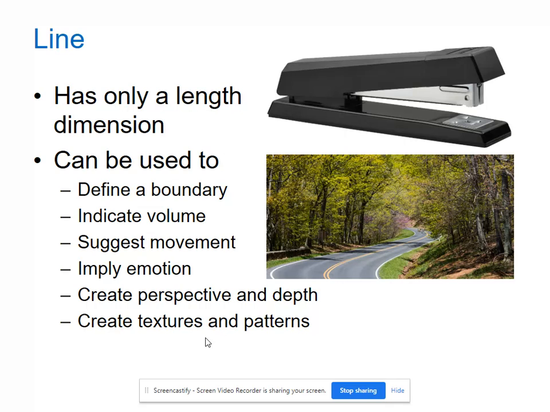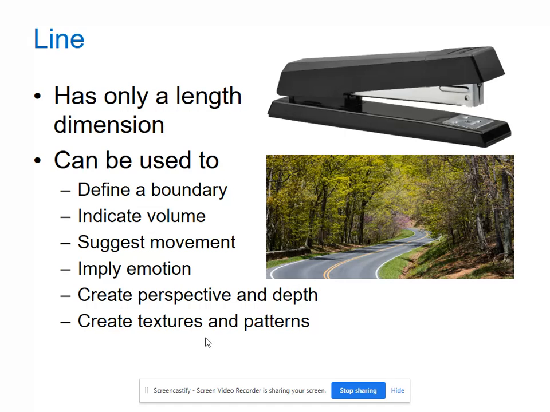Lines, well, they have a length dimension only. They can be used to define a boundary, to indicate a volume of something, to suggest movement, to employ a motion. They can be used to create perspective and depth, and they can be used to create textures and patterns.